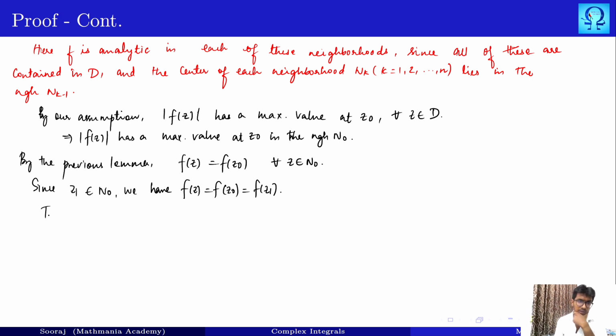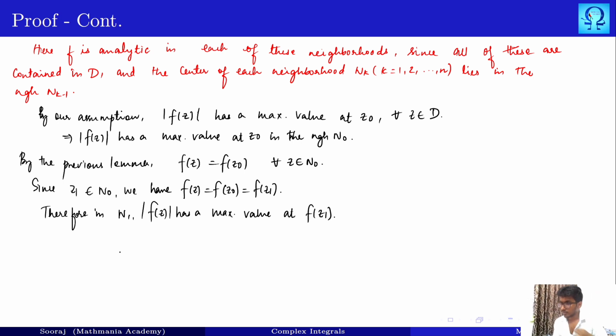Therefore, in N1 the absolute value of f of z has a maximum value at z1, right? So it means what?